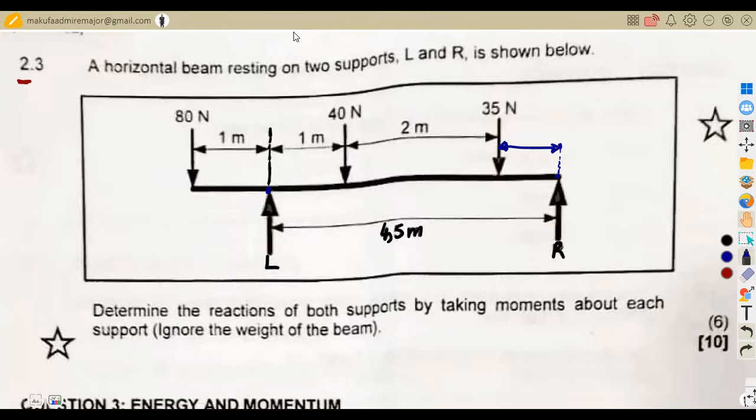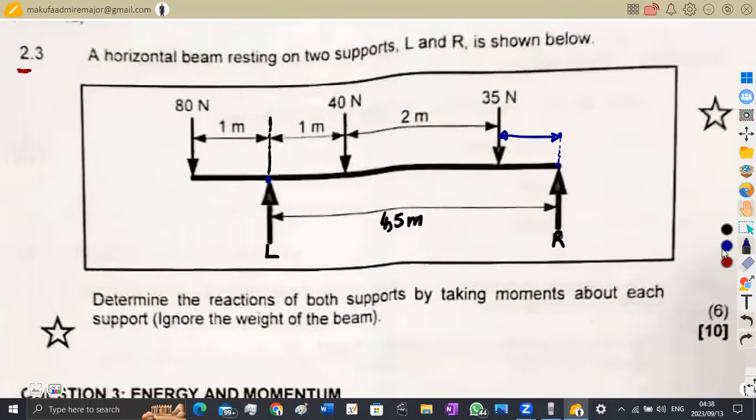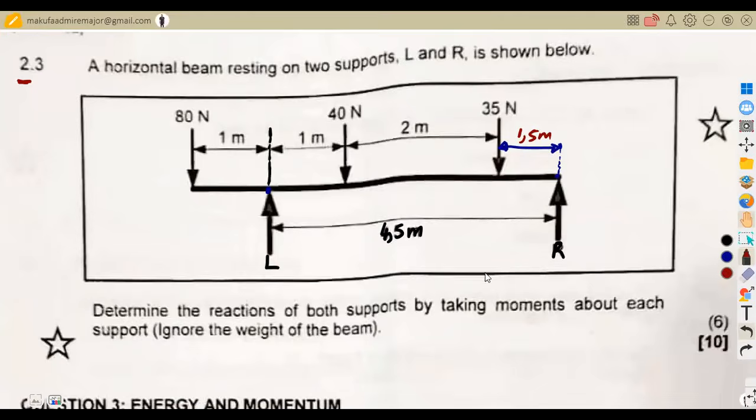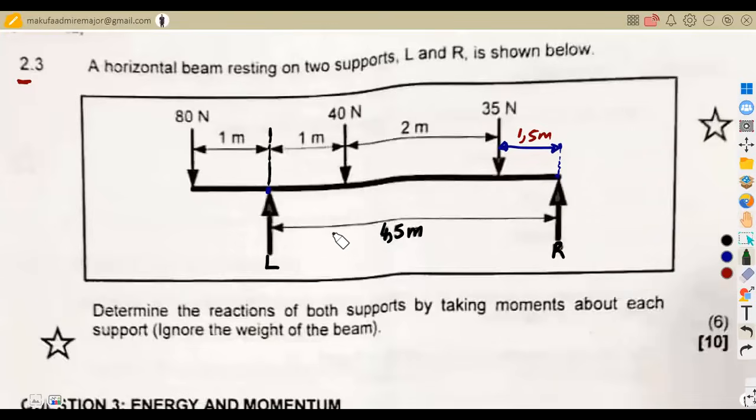That is going to be 1,5. So at the end here, we have 1,5 meters in between. So it was important for you to have your diagram completed so that when you are calculating, your diagram has all the information that is required.